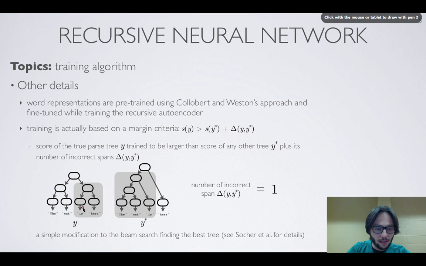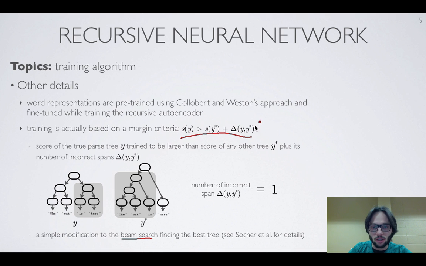And it turns out that we can just do a very small modification of the approximate inference algorithm that we saw before, which is essentially a beam search kind of approach. So we can modify it to instead try to find the tree that most violates this margin criteria. I'm going very fast over this.